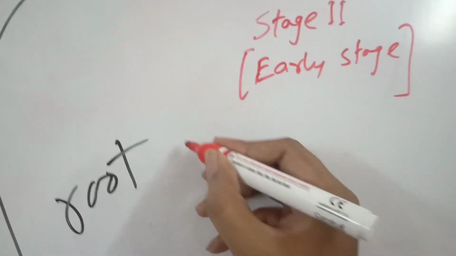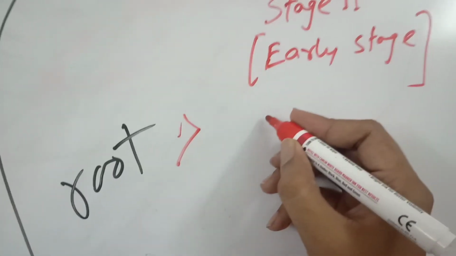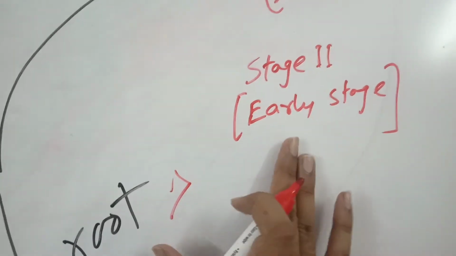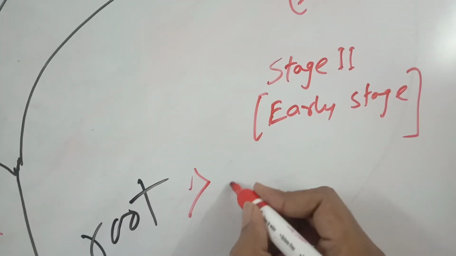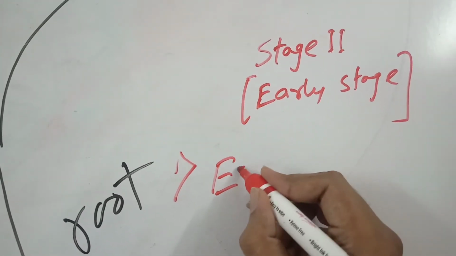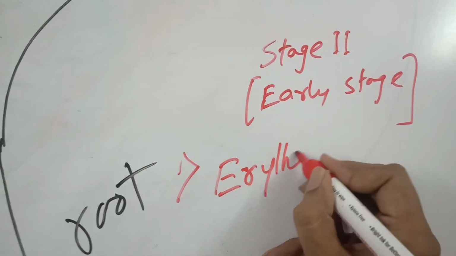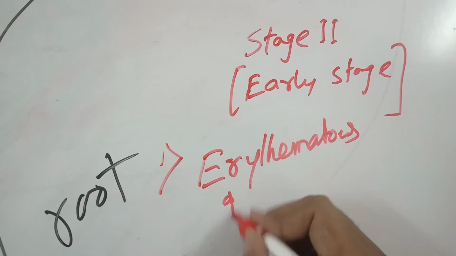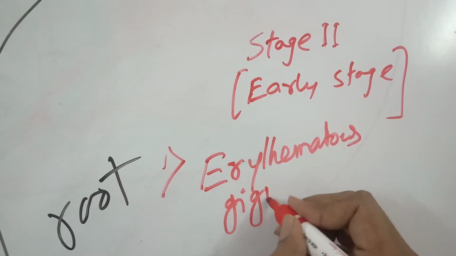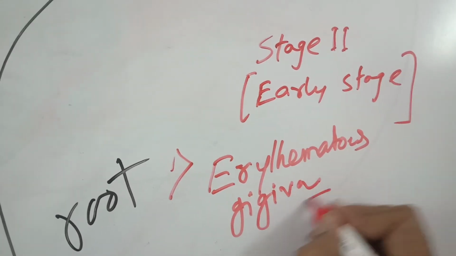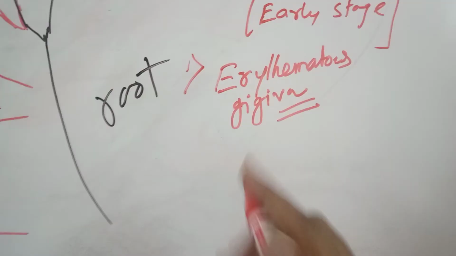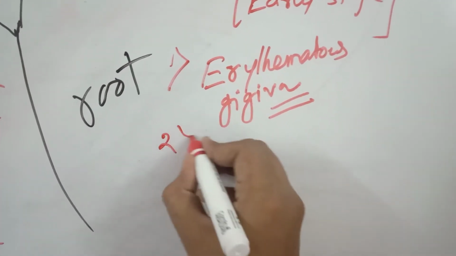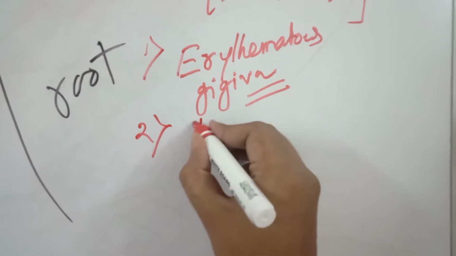So if you talk about clinical signs of stage 2 or early stage, you can see erythematous gingiva. The second clinical feature will be bleeding on probing.